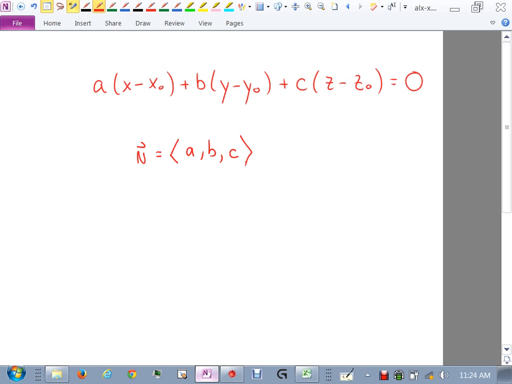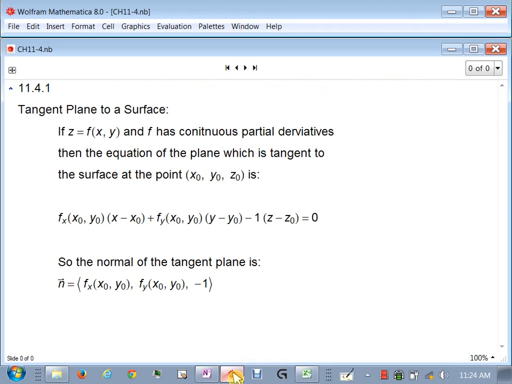That's all we ever needed to define a plane, a point and a normal vector. Because remember, the normal was perpendicular to the plane. Well, look back at this formula, and let's see if this makes sense. Partial of F with respect to X is our A. Partial of F with respect to Y is our B. And our Z is -1.